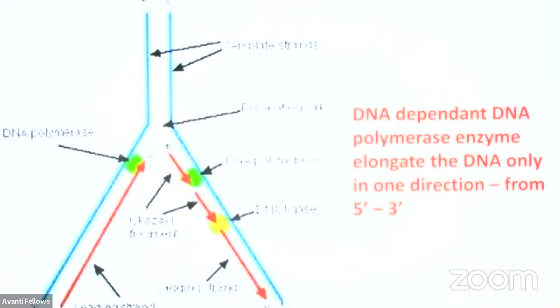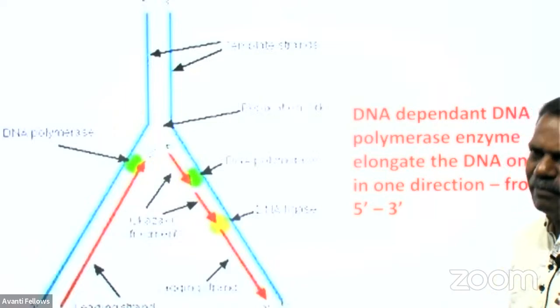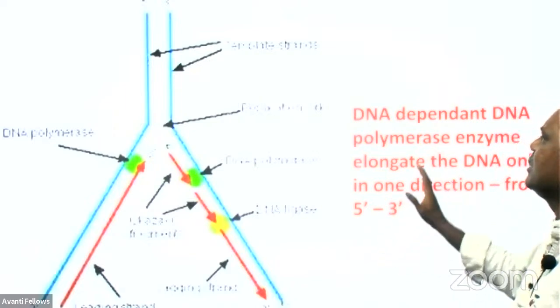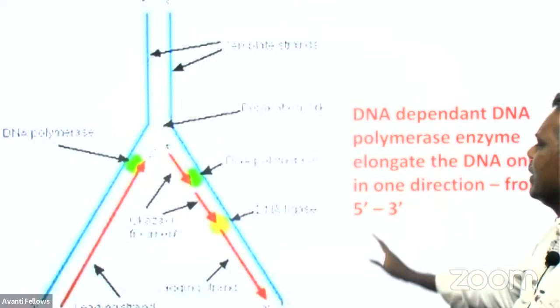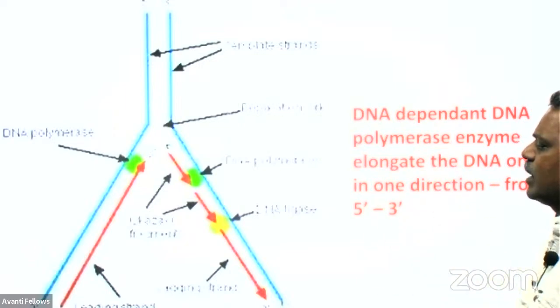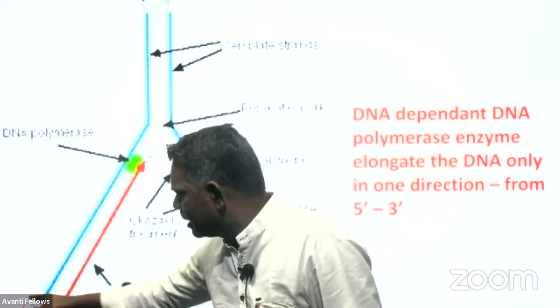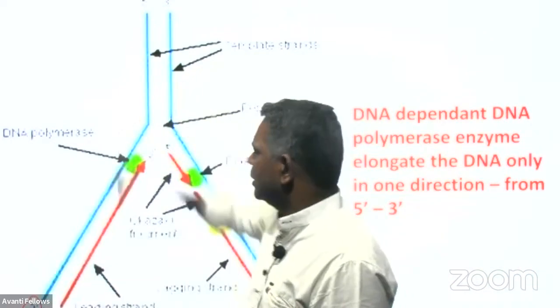Then see this construction of new DNA. Actually, this DNA polymerase enzyme is the only one to elongate the new DNA, and this elongation by the DNA polymerase enzyme is from 5' direction to 3' direction only, all the time. And see this template, it is 3' and it is 5' direction.